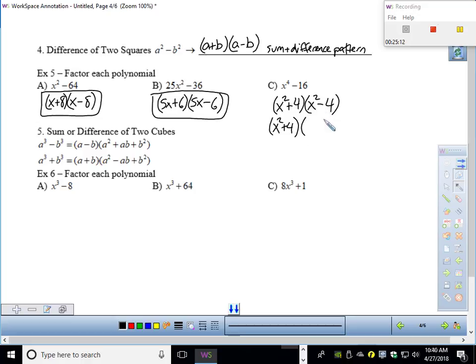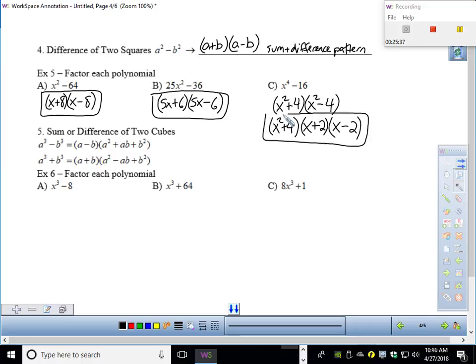So it can be factored even further. That's the other thing that comes with factoring: once you do one particular pattern, look to see if you can go further. So in this case, x and x would go here and here. What times itself is 4? Well, it's got to be 2 and 2, and then 1's plus, 1's minus. So that happens to be your final answer.